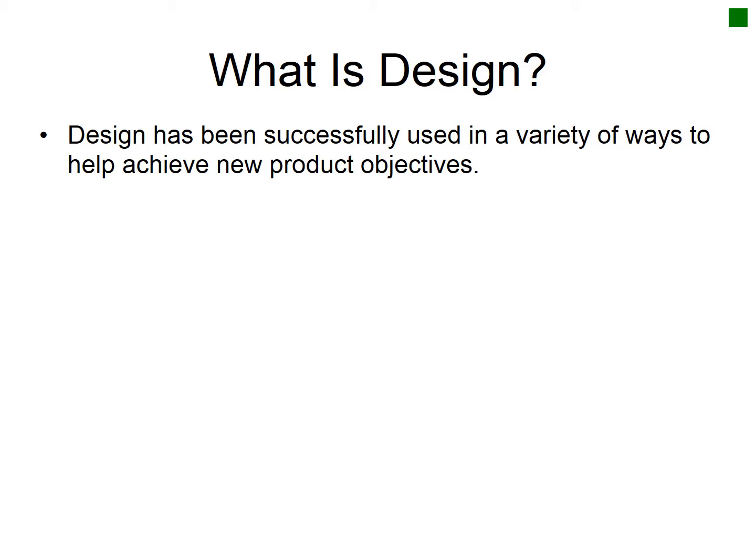So design has been successfully used to differentiate the product in the past. If we think about branding the product and product positioning, the design of the product can help us determine what a product is. So for instance, think about Pringles, the Pringles potato chip, and think about the design of their packaging.